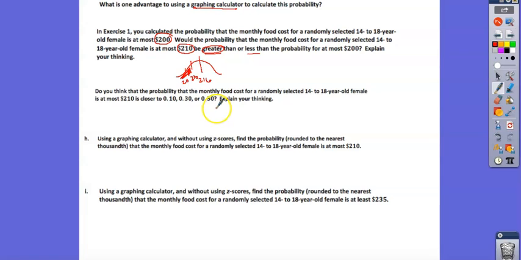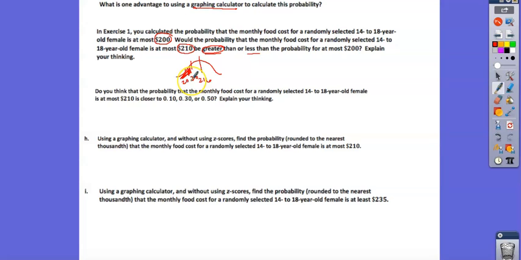Okay, so the next thing it wants us to do is, do you think the probability that the monthly food cost is at most 210 is closer to 10%, 30%, or 50%? Well, here's 216, here's 210, here's 200.